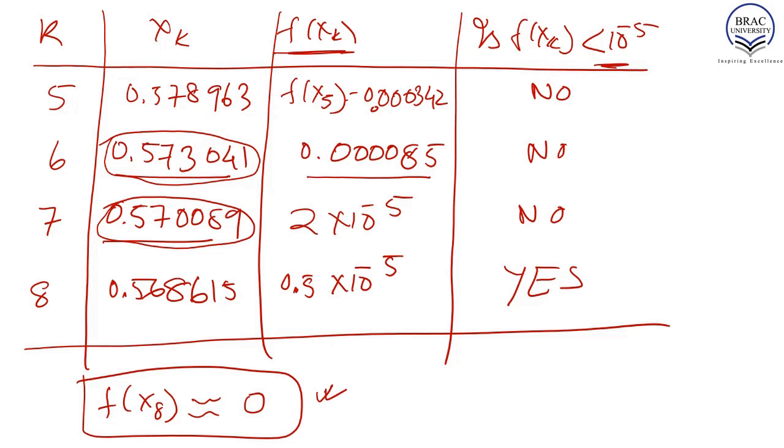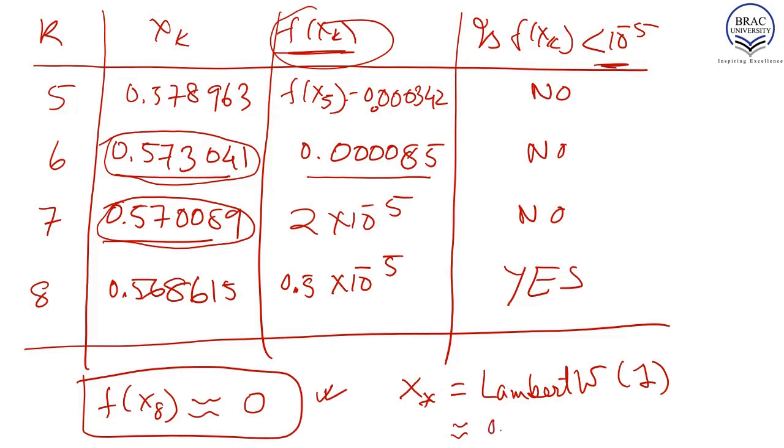But actually if we use Mathematica, Maple or MATLAB, you can put this function and you find our solution. The exact value x star is given by the Lambert W function with value 1. Let me write it, Lambert W function with value 1. And this value, of course, is an irrational number, approximately equal to, up to 6 decimal points, I'm writing it, 0.5671143.